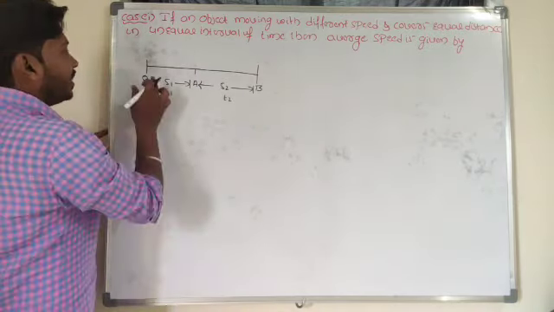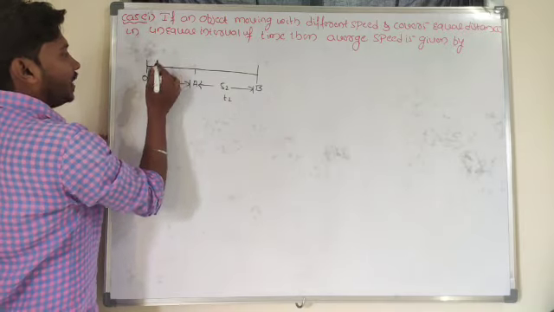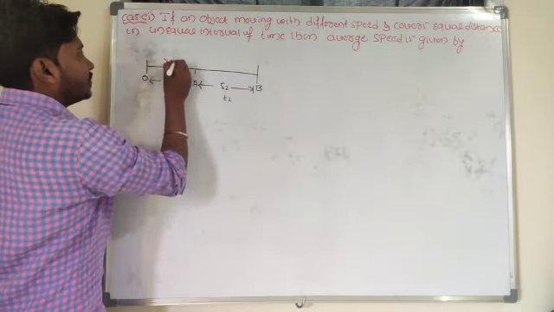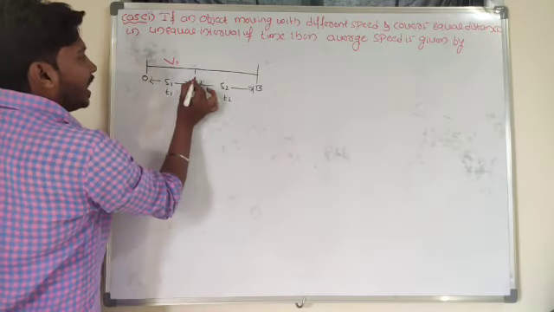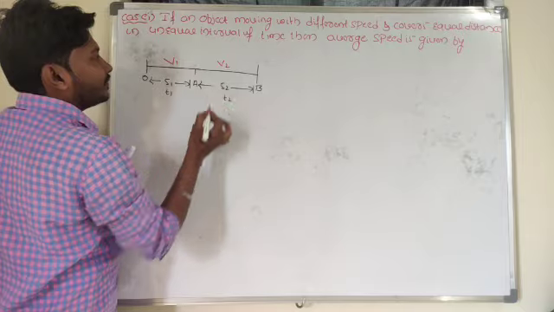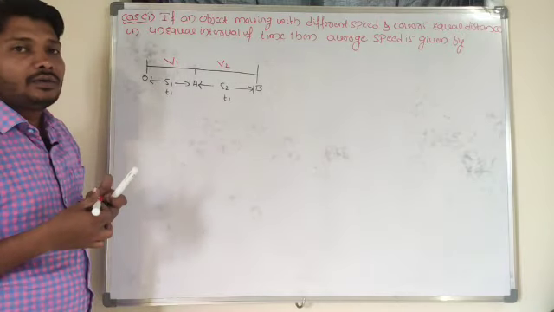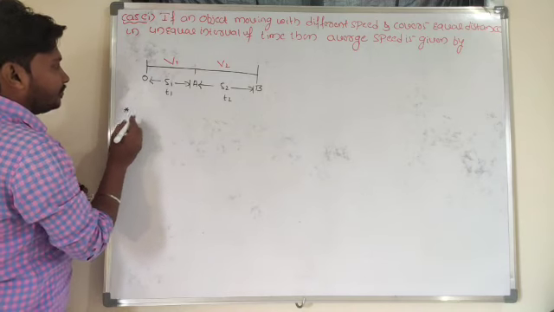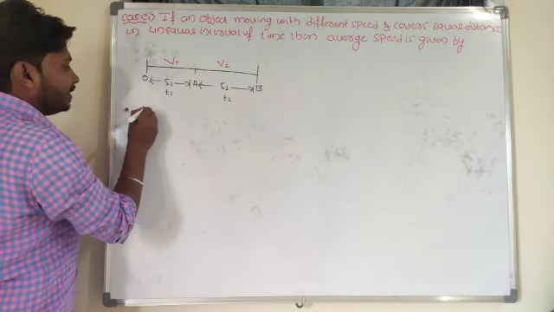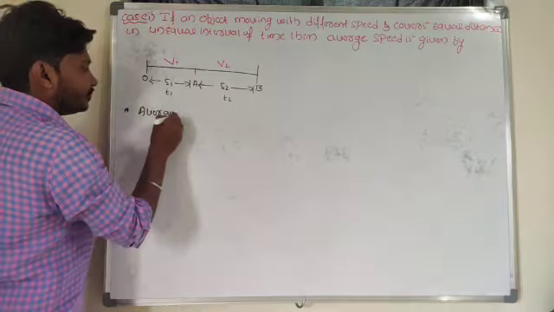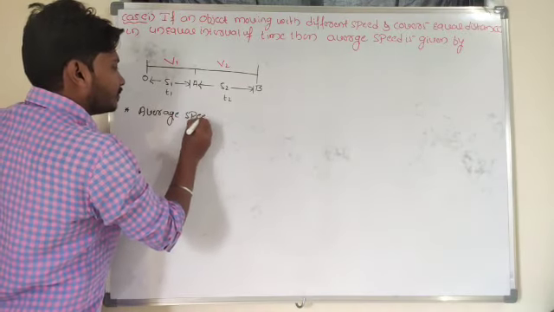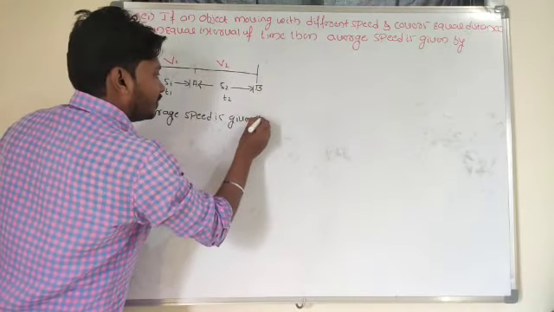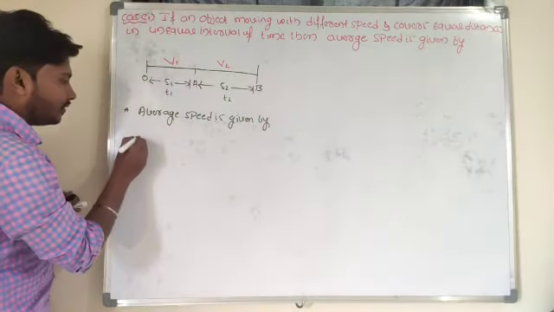Now look here. To move from O to A, the speed of the vehicle is v1, and from A to B the speed of the vehicle is v2. I know the generalized formula for average speed.